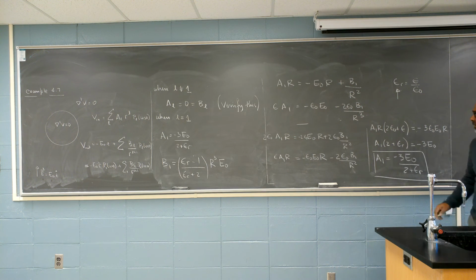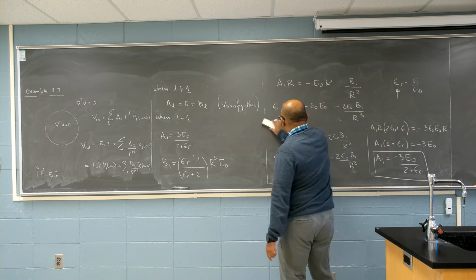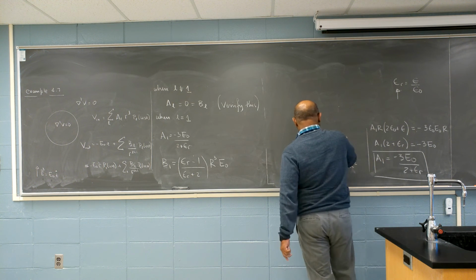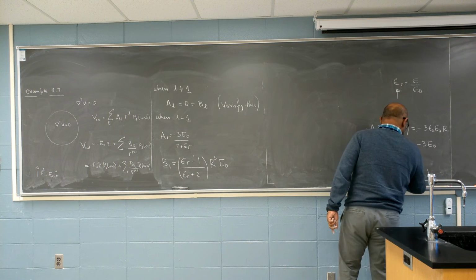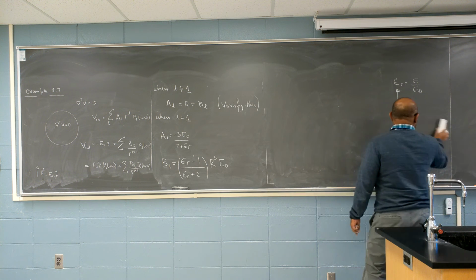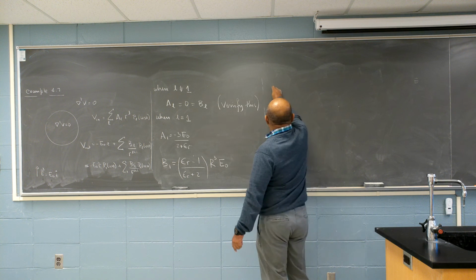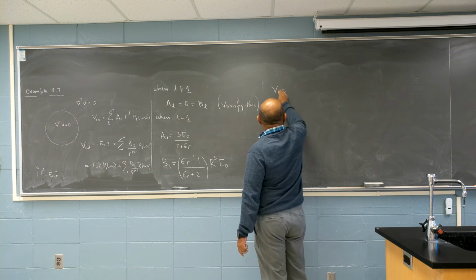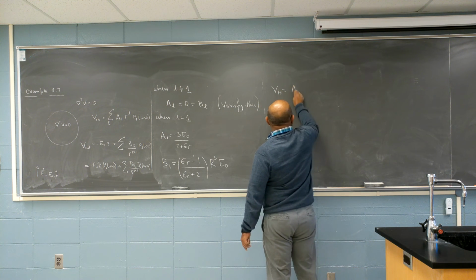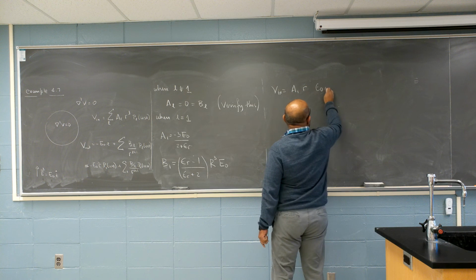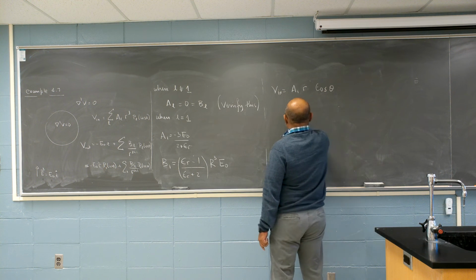Okay, again, that is just algebra. But most importantly, the potential inside, V inside, is A1 R cosine theta.